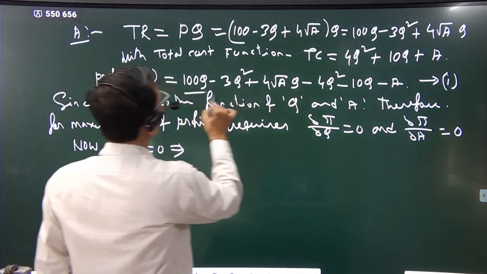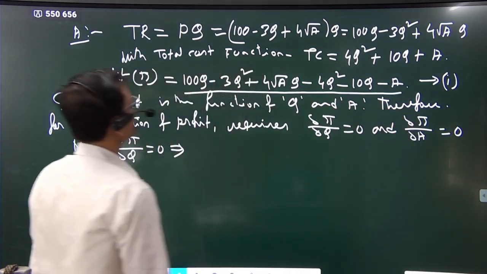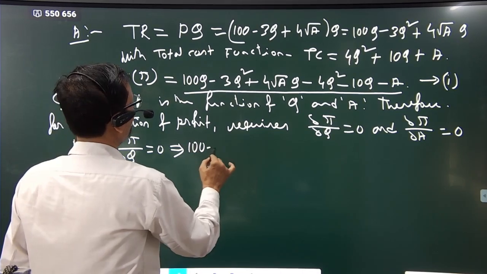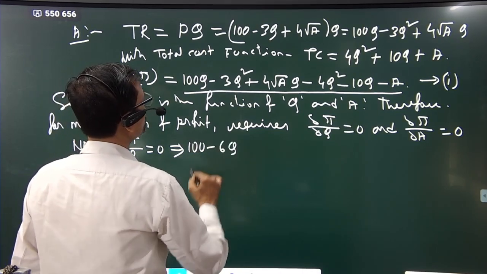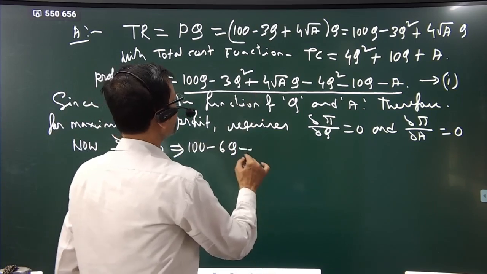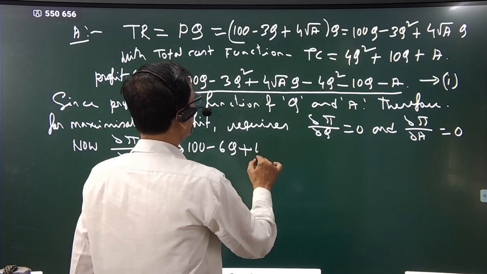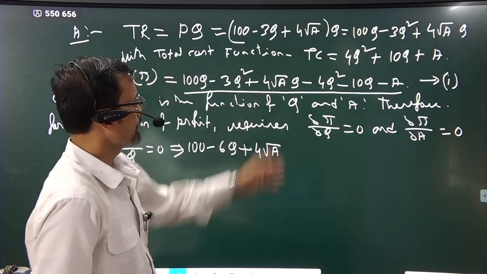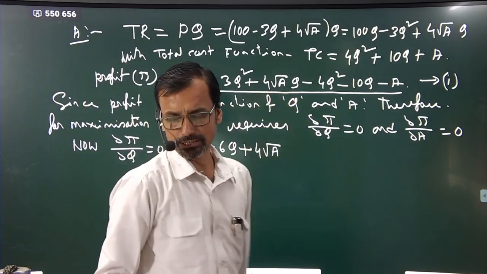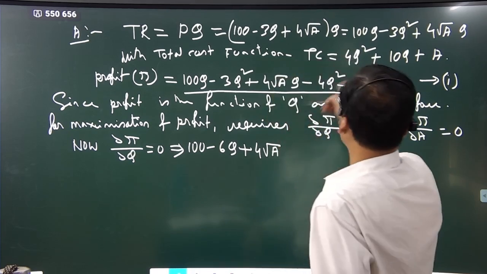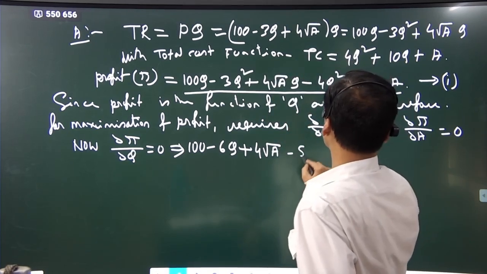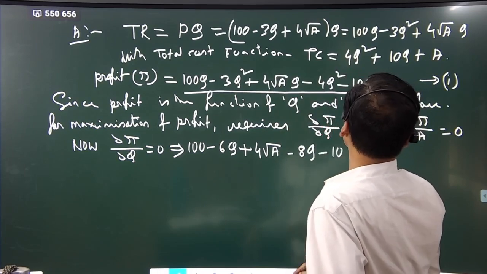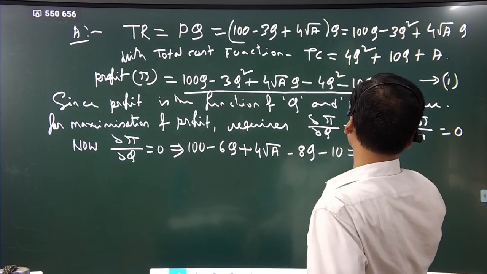So here we will get 100 minus 6Q plus 4 square root over A, this will be the constant term. Differentiating with respect to Q, we get 4 square root of A, and minus 8Q and minus 10, that would equal 0.